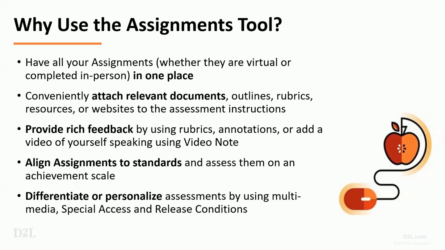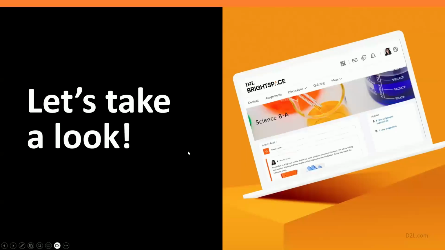You can also align standards or outcomes to your assignments and then assess them using a course-specific achievement scale against those standards. And finally, that differentiation and personalization piece, which is so important. You can use tools like special access and release conditions to differentiate your assignments and meet the needs of various learners in your course. So let's take a look.